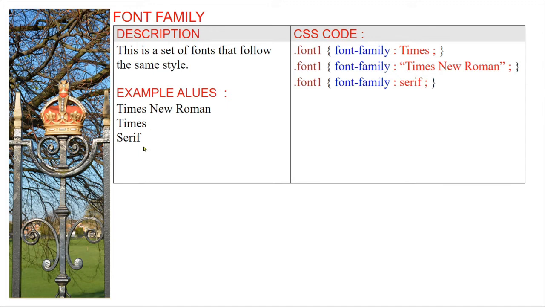You've got the Times font, and then you've got the serif font. And the way you select the font family in CSS is by saying font-family. For example, you can have a class called font1, and you can set it to font-family Times. Any text that's using this class will have its font family set to Times. You've got Times New Roman and serif options as well.